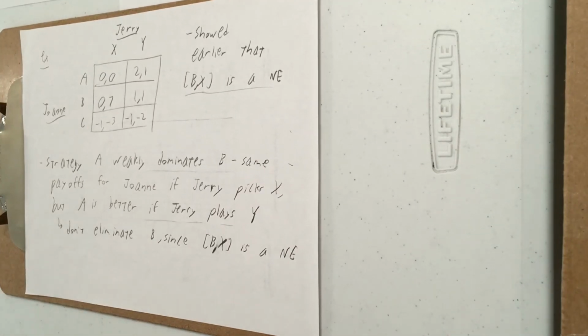Alright, so assuming you've given that some thought, it turns out that strategy C can be eliminated because C is strictly dominated.